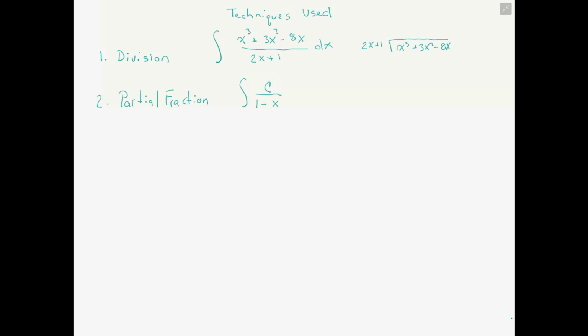Our second method, and we've seen most of these methods already, partial fractions.